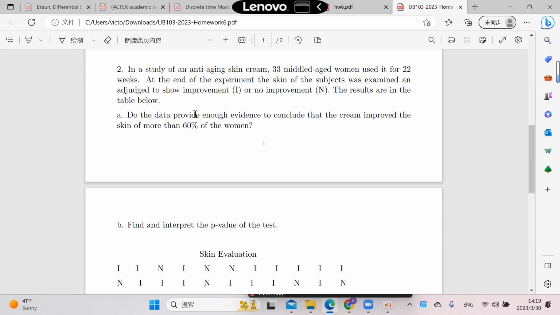The way to find the variance is through the formula npq, or in this case, since you want the variance of the probability, not the variance of the number of people, your formula should be pq divided by n, right? So you have your observed probability of success, and then you use 1 minus that to get your observed probability of failure.